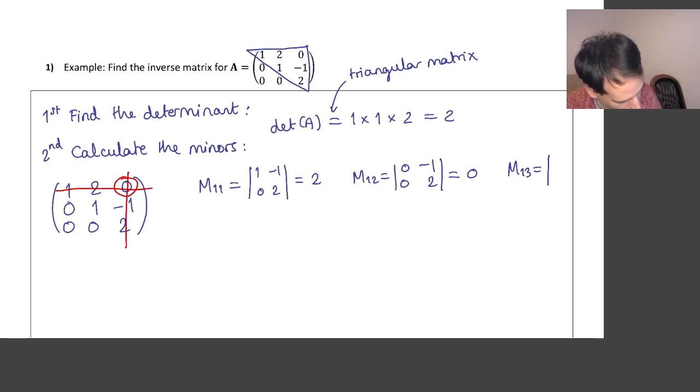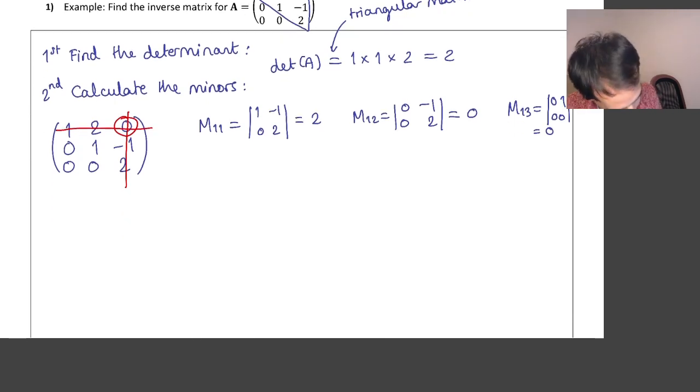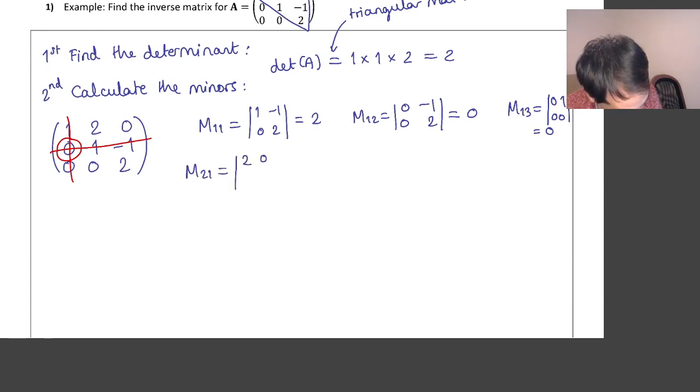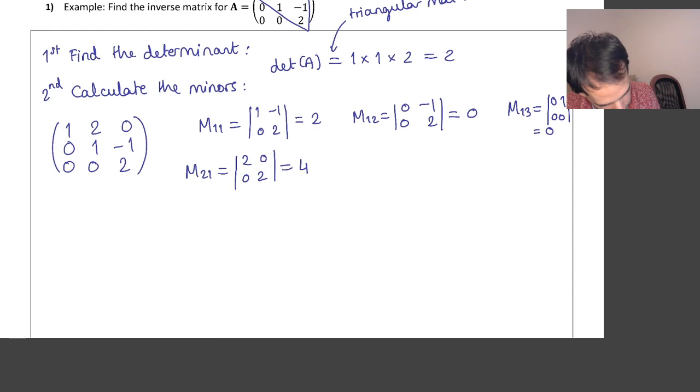So it's the determinant of 0, 1, 0, 0, which is equal to 0. Next, we look at this element here, so we cross out this row and this column. And this is the determinant of 2, 0, 0, 2, which is equal to 4. And so on. Let me just write it quickly.